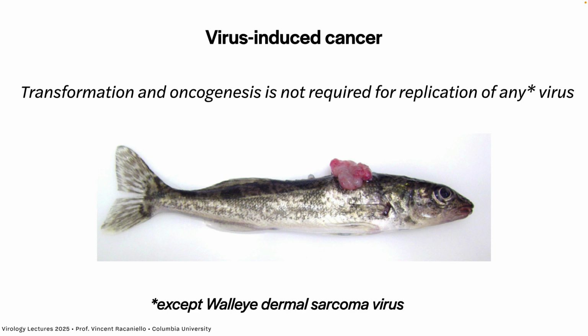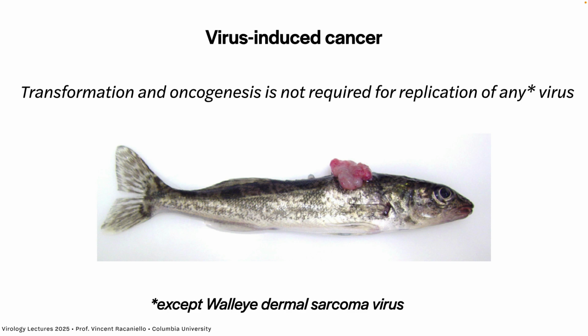Now, over the years teaching this course, I used to say transformation and oncogenesis caused by virus infection is not required for the replication of any virus. It's an accident, as you'll see by the end of this lecture. And then one year, someone emailed me who works on a retrovirus that causes tumors in fish.